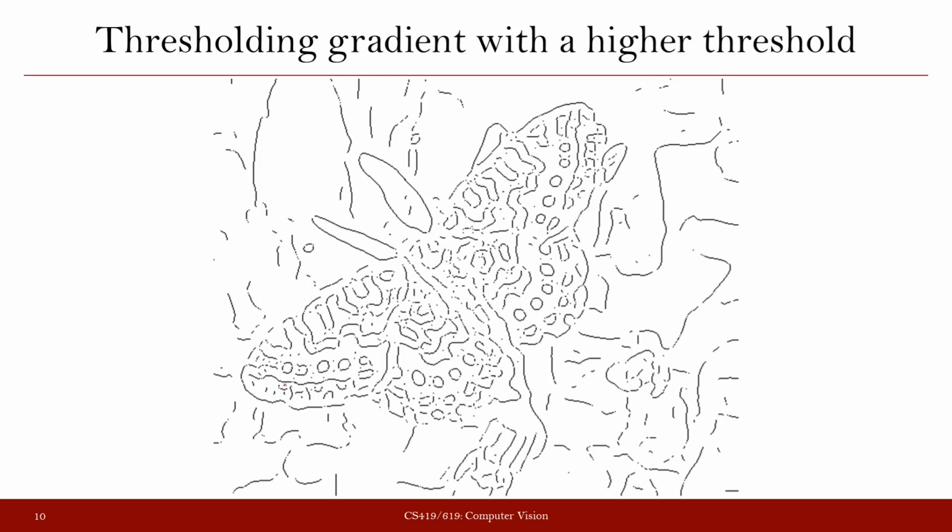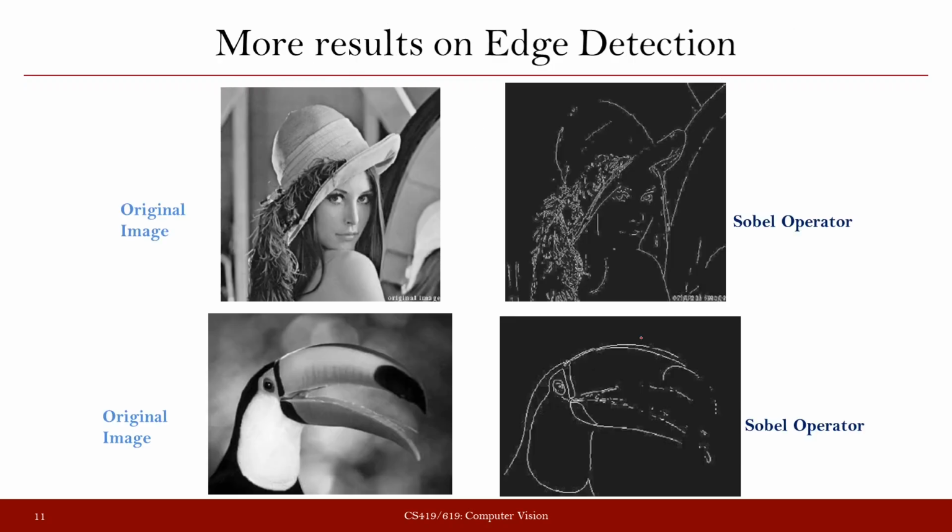Only the true or very strong edges are visible. So by hit and trial, we have to decide what the suitable threshold should be, so that the maximum number of true edges can be obtained and the maximum number of false edges can be removed from the image. Okay, so this is always a process of hit and trial or experimentation to decide the proper threshold.